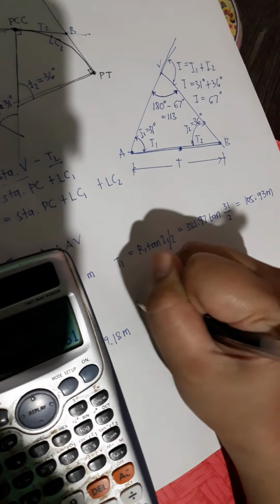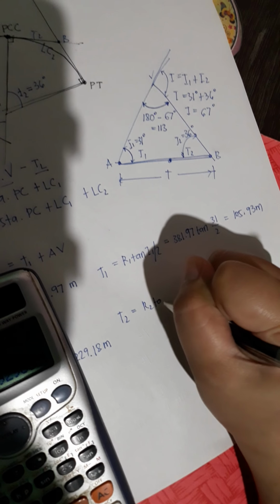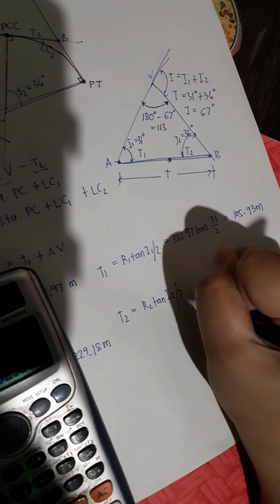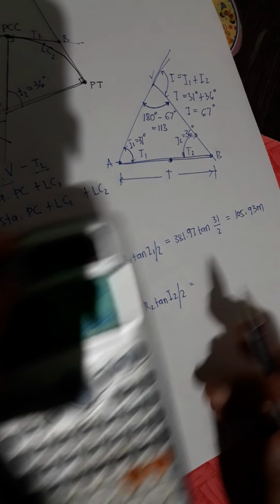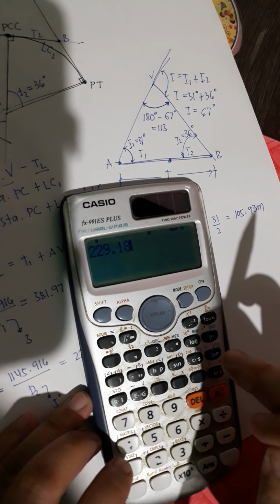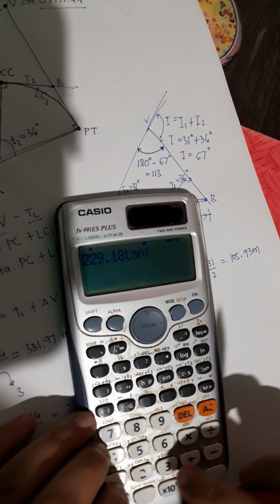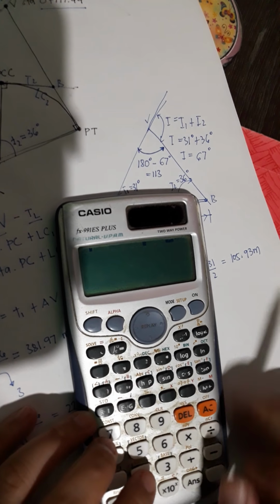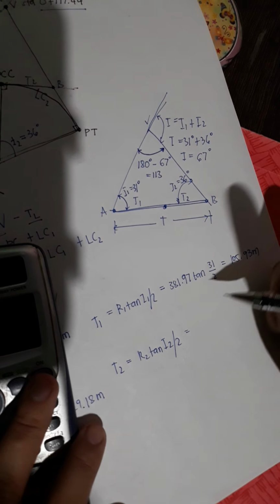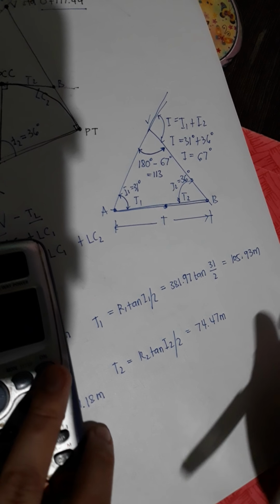And we could also get T2, that is R2 tangent I2 over 2. R2 is 229.18 times tangent I2, 36 over 2, which is 74.47 meters.